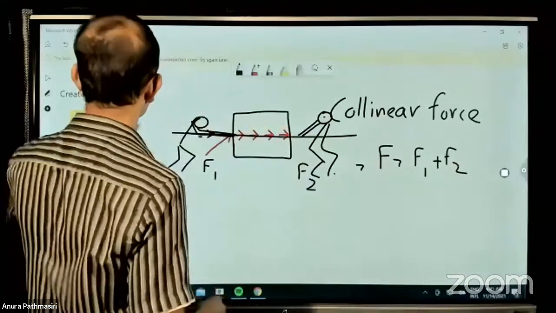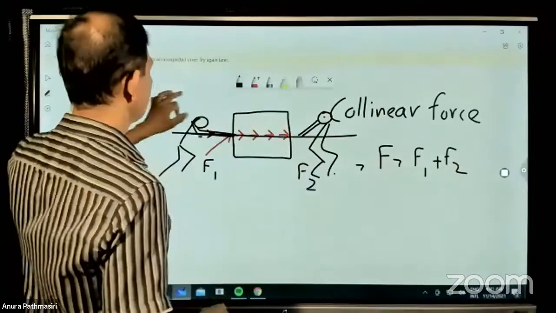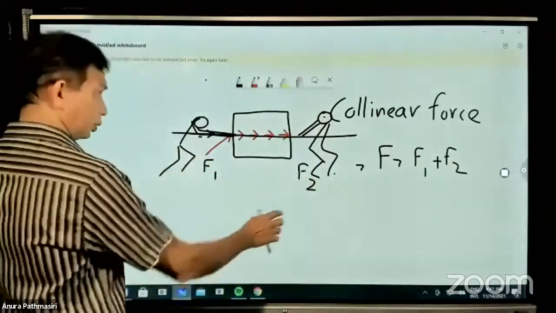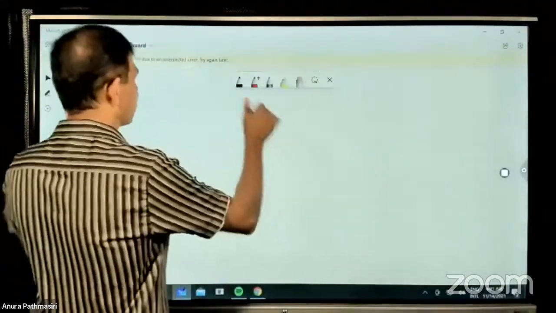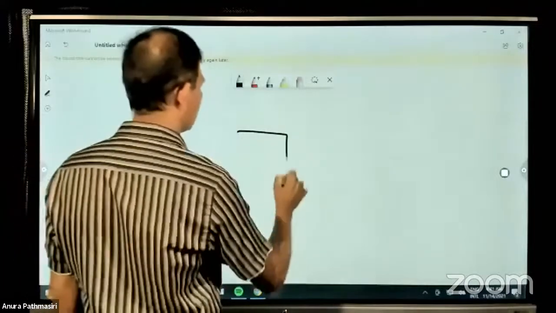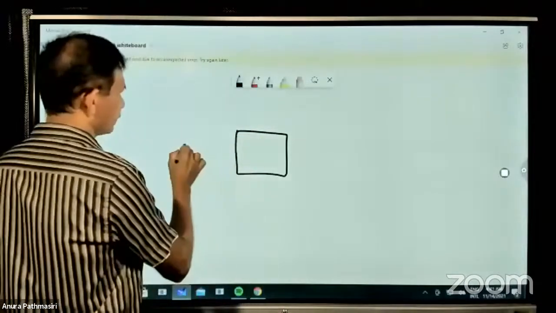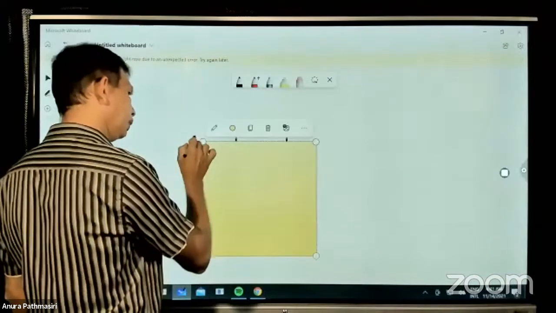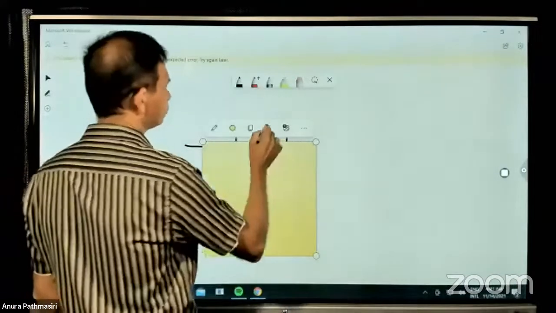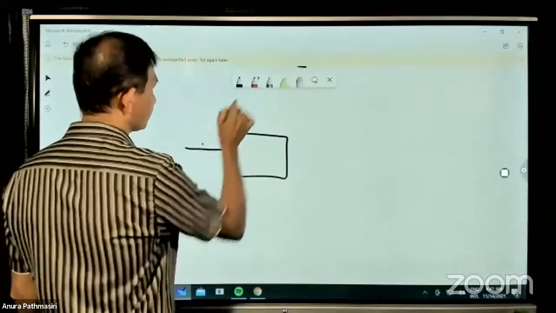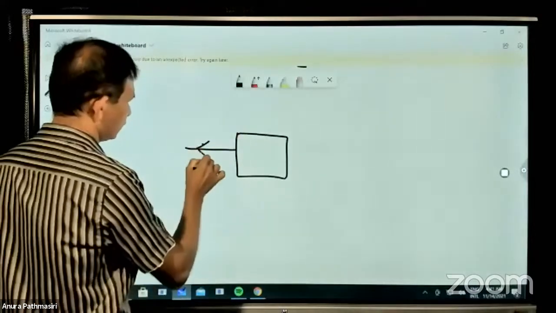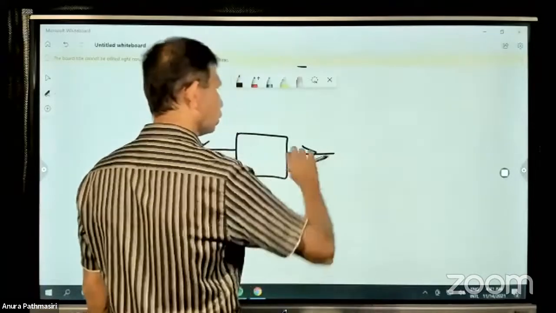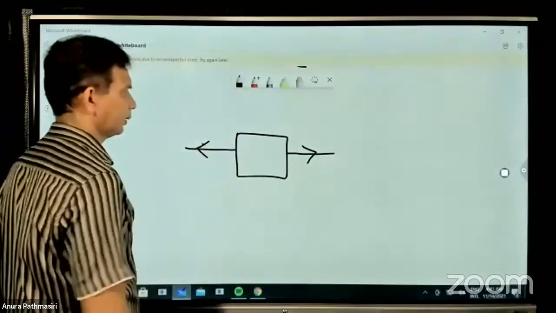At the same time, there can be someone pulling or pushing the opposite way. Like you have an object. This person is pulling it, and the other person is also pulling it in the opposite direction.